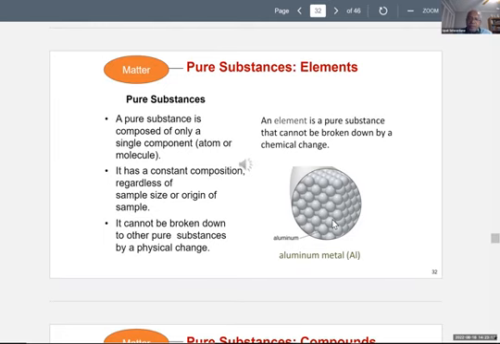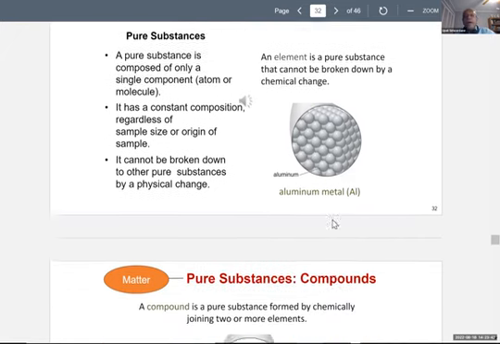The atoms cannot be broken down chemically. Therefore, the atom is the smallest particle of matter. An element is a pure substance that cannot be broken down by chemical change. Nuclear change you can break down, but we don't do nuclear chemistry. This is regular chemistry. Atoms are conserved.